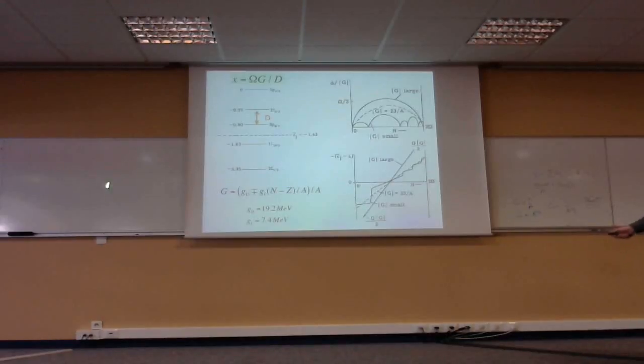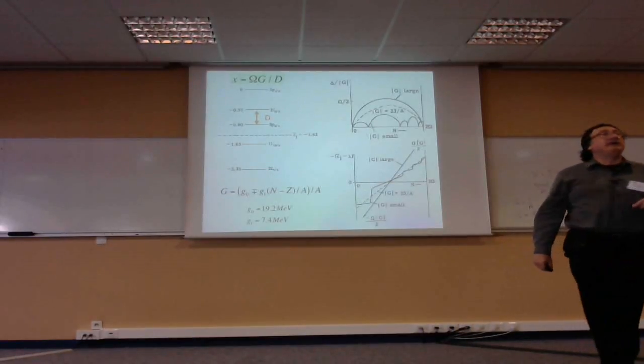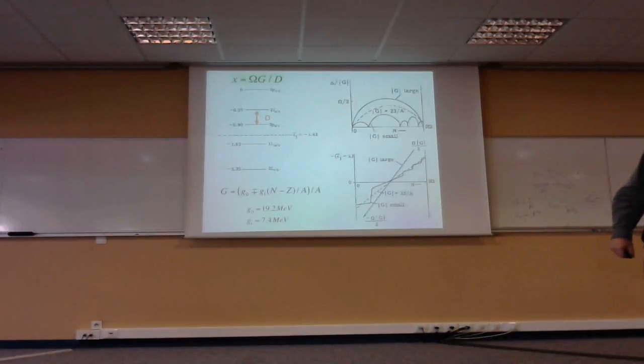I gave you before some pairing gaps that people like Jensen and Hansen describe. In the BCS approach, you go a little step further, more microscopically, and you actually look at the values of the pairing strength.